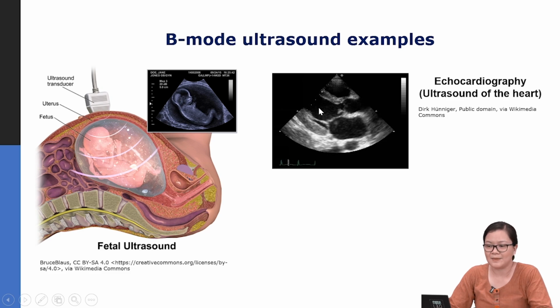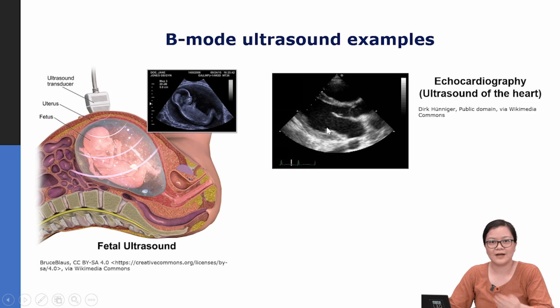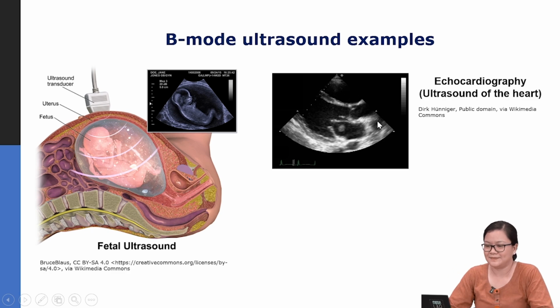Blood is less scattering than the other tissues of the walls of the heart. Therefore, blood is not so bright compared to the tissue that is in the heart here. So you can see the chambers that are darker and then the walls of the heart that are lighter. And there are also some valves in the heart that are also more dense than the blood. And you can see them moving right here as the heart is beating.